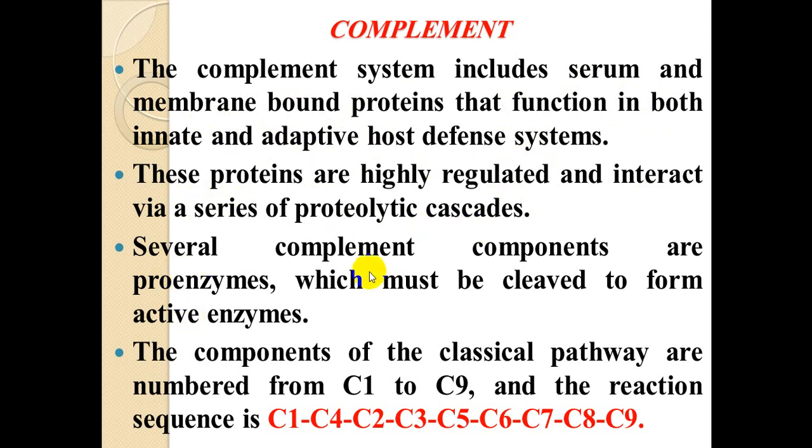Several complement components are proenzymes, which must be cleaved to form active enzymes. The components of the classical pathway are numbered from C1 to C9, but the order or sequence of these proteins is C1, 4, 2, 3, 5, 6 to 9.